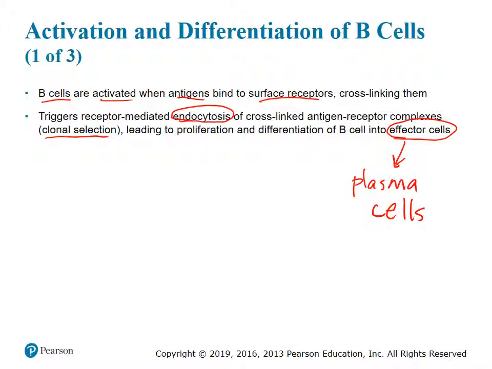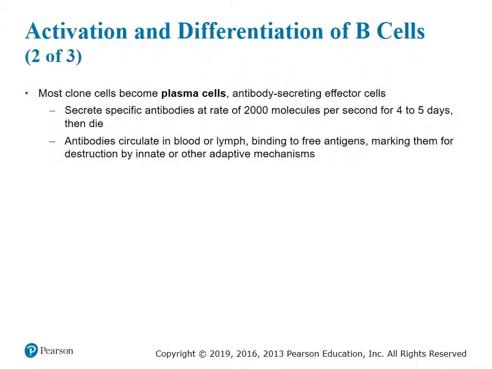Plasma cells synthesize, make, and secrete antibodies, specific antibodies, at a rate of 2,000 molecules per second for 4 to 5 days, and then those plasma cells die.